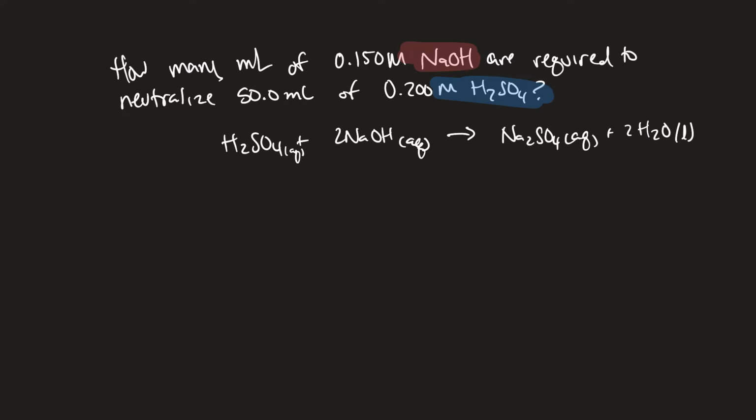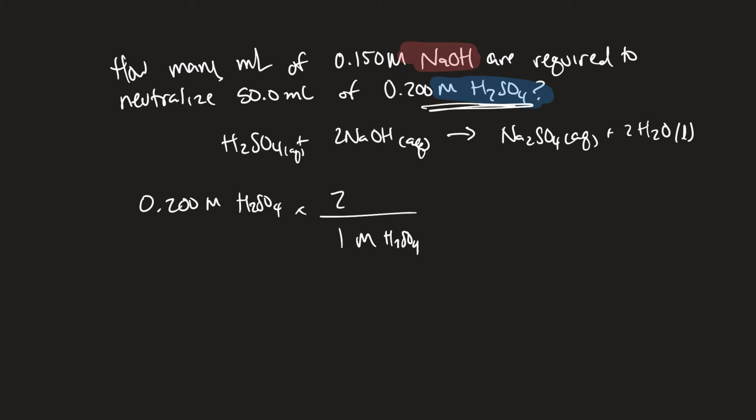Remember, normality is basically the equivalents, which is 1 mole of charged particles, divided by the liters of solution. When we're looking at H2SO4, if you have 0.200 molarity of H2SO4, for every 1 molar of H2SO4 we have 2 molar of H+.